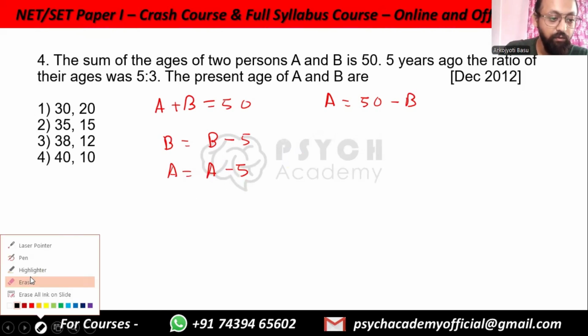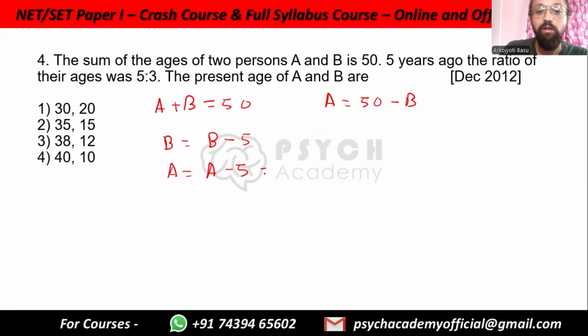Because A is equal to 50 minus B, that is 50 minus B minus 5, which is 45 minus B.